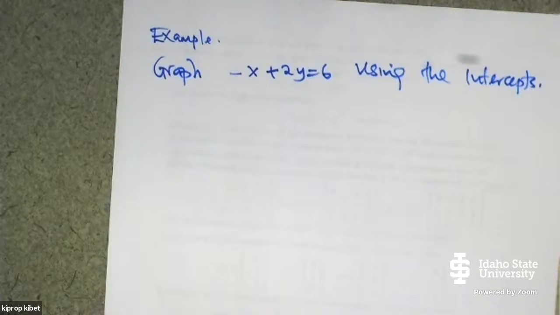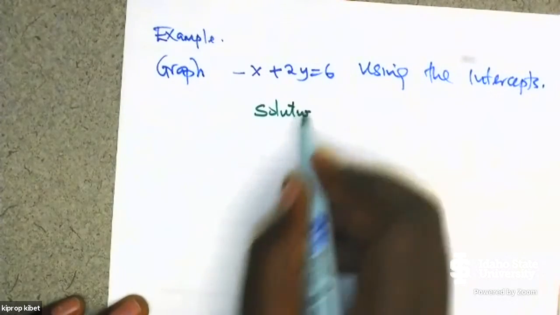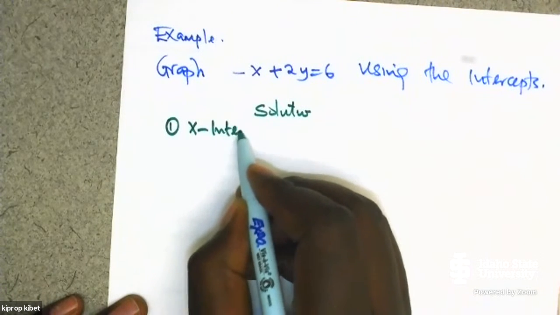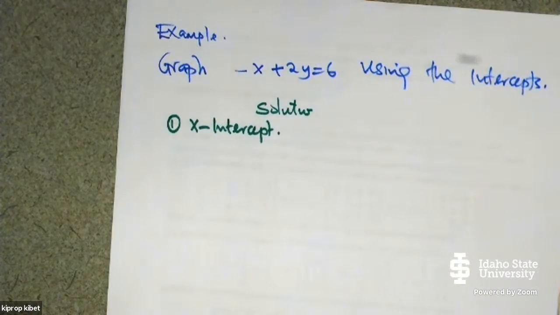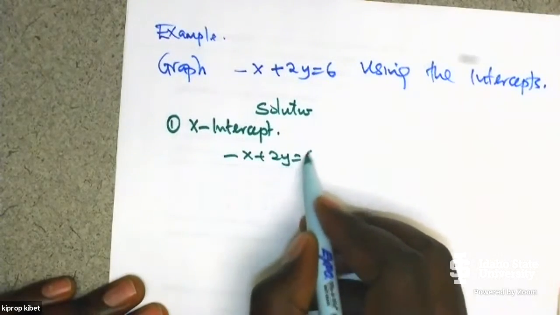So how will you graph this? How should we get the intercepts? Solution. First of all, we look for the x-intercept. Our equation is minus x plus 2y equals 6.